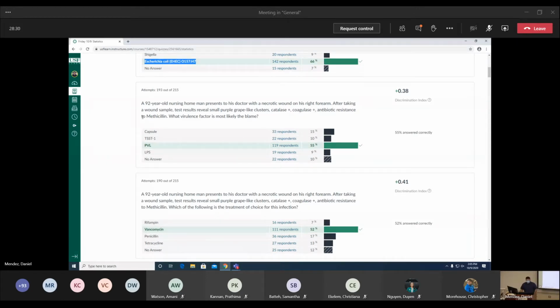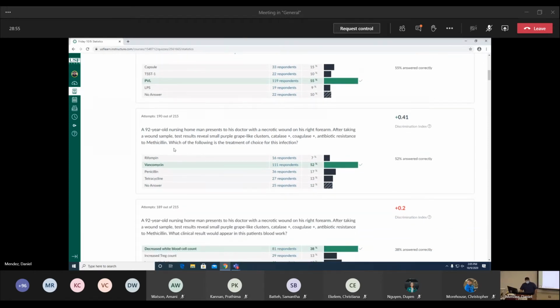And then antibiotic resistance to methicillin. So here we're talking about MRSA. It was stated in the lecture that MRSA does have specific virulence factors in comparison to others, especially community-acquired MRSA, which this elderly man is in a nursing home, so that would be community-acquired MRSA. And the biggest virulence factor for a necrotic wound would be PVL.